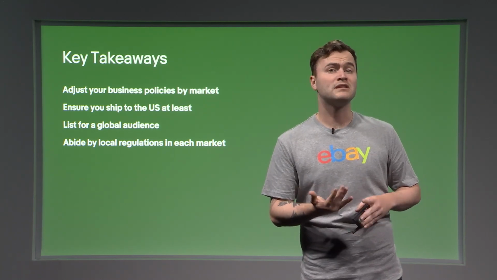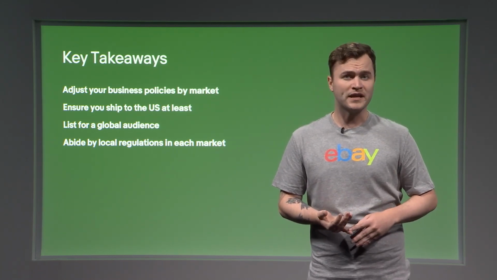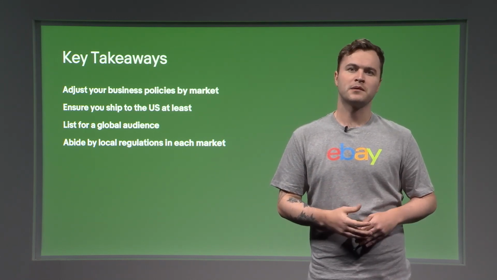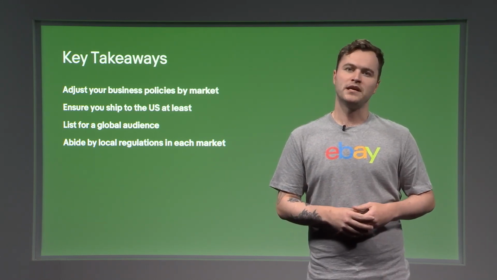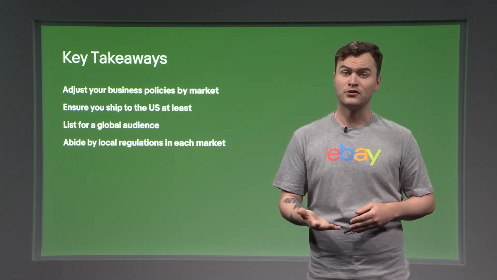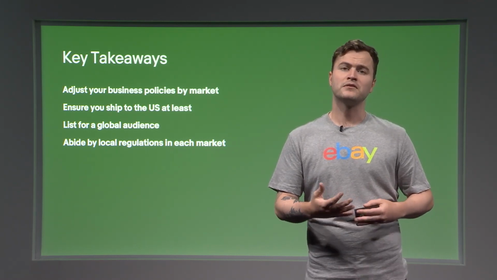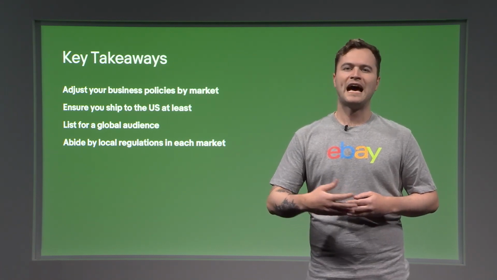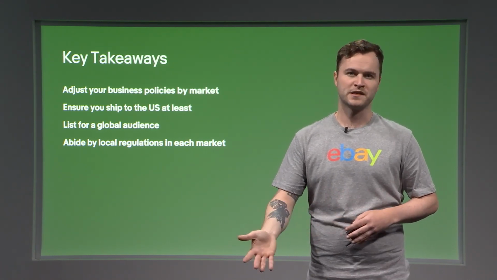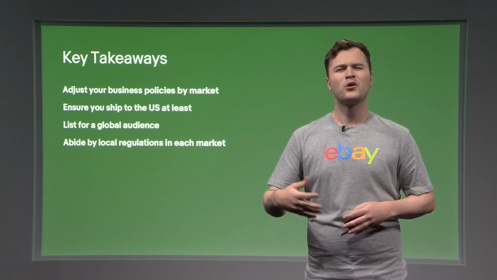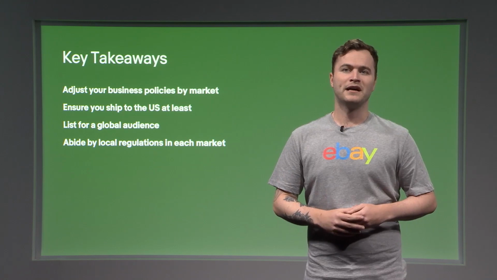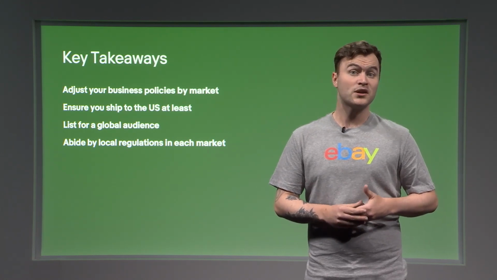You want to make sure you're listing for a global audience, thinking of what a global buyer, someone outside of Canada, would be considering when they look at your listing. Make sure that you're listing for that audience, avoiding regional language, adding more photos, including item specifics like international sizing or compatibility for electronics. Finally, you want to abide by local regulations in each market.